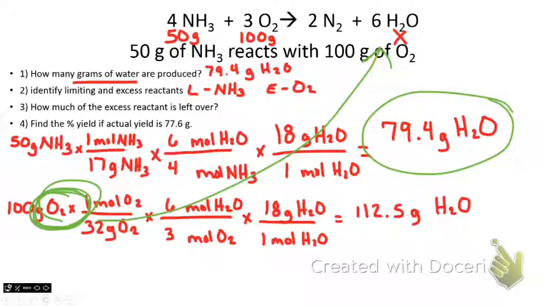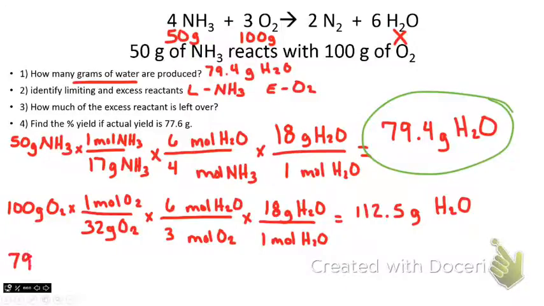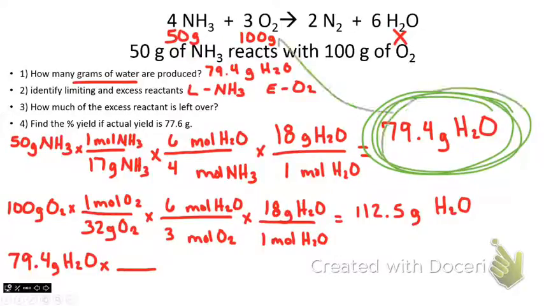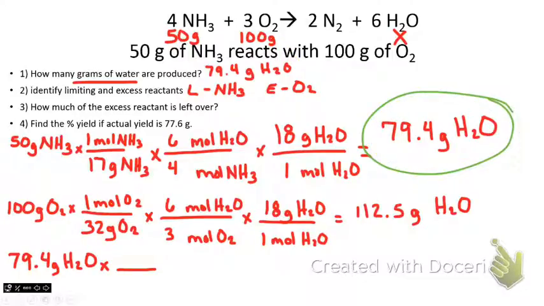So I'm actually going to start with my 79.4 grams of H2O, and go from mass to moles to mass and connect this value back to my oxygen. That's my excess reactant. I want to know how much was used.